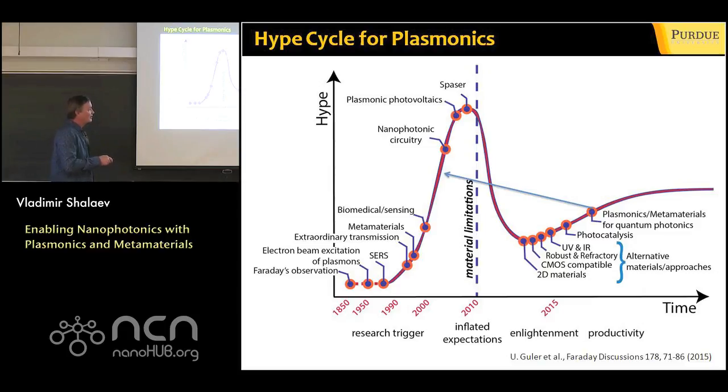And when people realize that, this is my opinion, but I strongly believe in this, that with all this recent development, new materials which make plasmonics real, and with the understanding that plasmonics and metamaterials could significantly enhance key properties of quantum photonics, I think we're coming back to this exponential increase, but now in the context of using plasmonics and metamaterials for new emerging technology, for quantum science and technology.